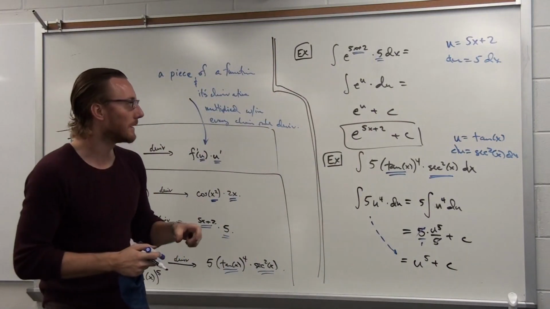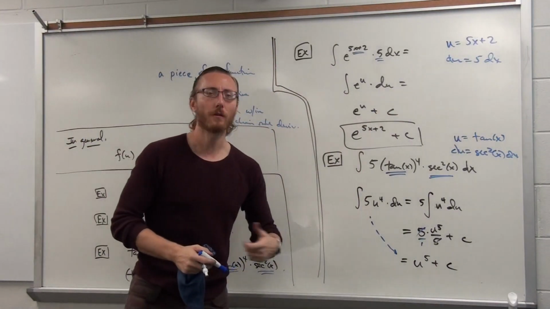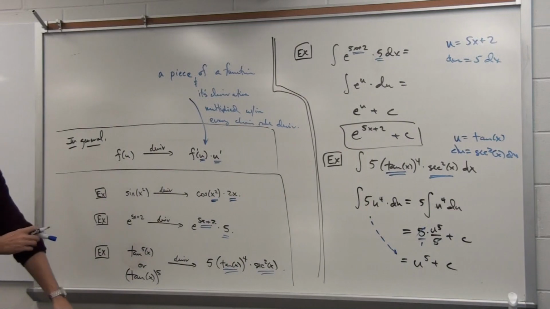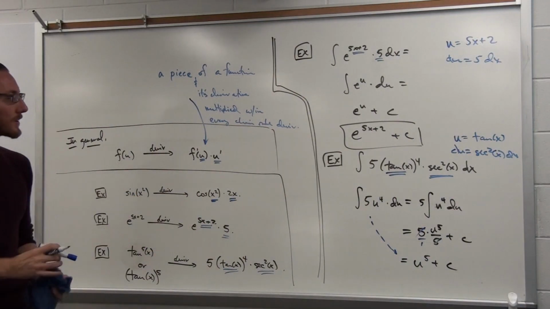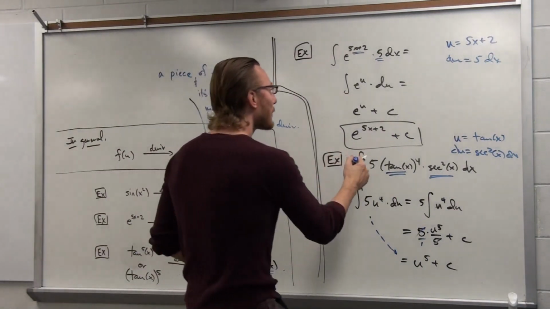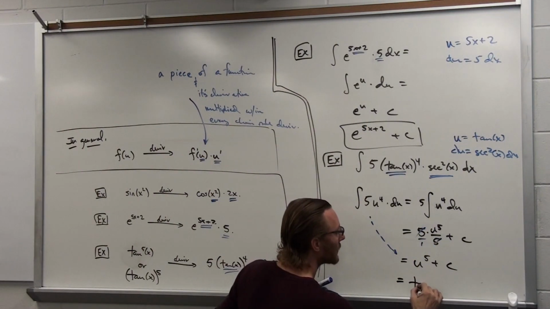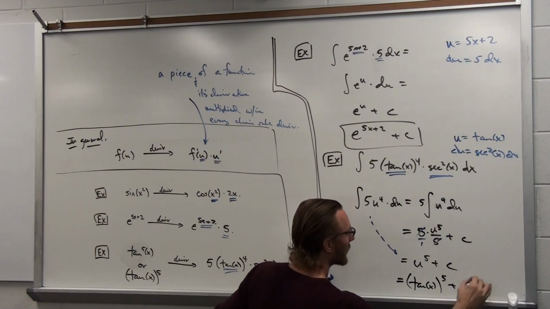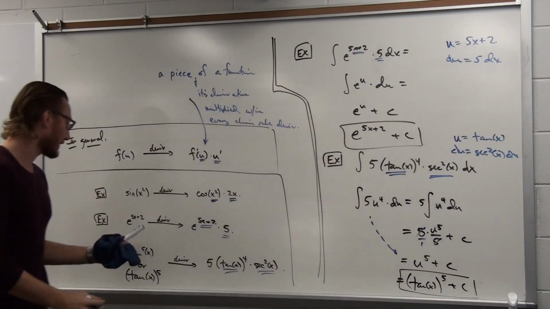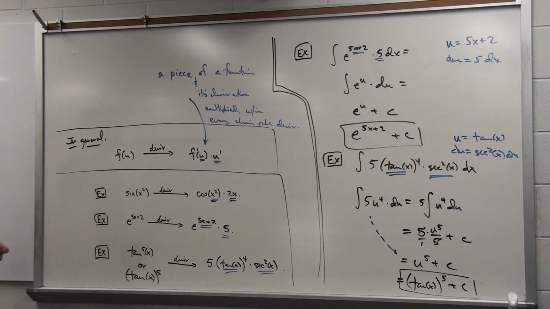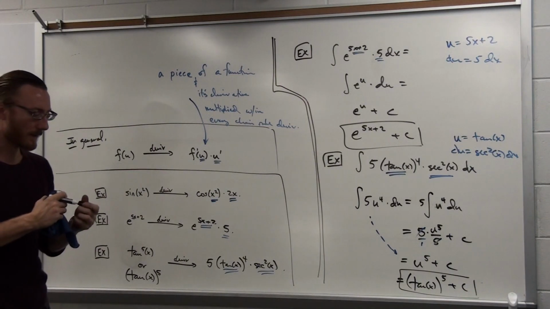What function has a derivative of 5u to the 4th? That would just be u to the 5th. But we can't leave our answer like so, though we're almost there, because our original problem was in terms of x, so we have to get u back out of the expression. We end up with tangent x to the 5th plus c. And guess what? That's precisely what we expected the antiderivative function to be.